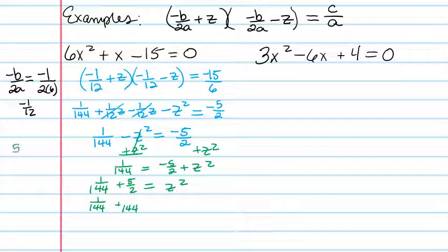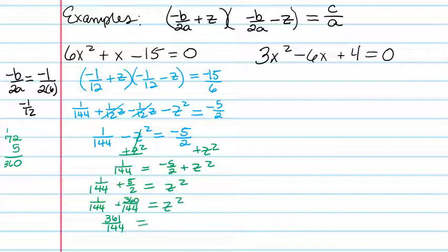So let's go 5 times 72 on my scratch. 360. Okay. And now when I add that, I get 361 over 144. And that's equal to z squared.